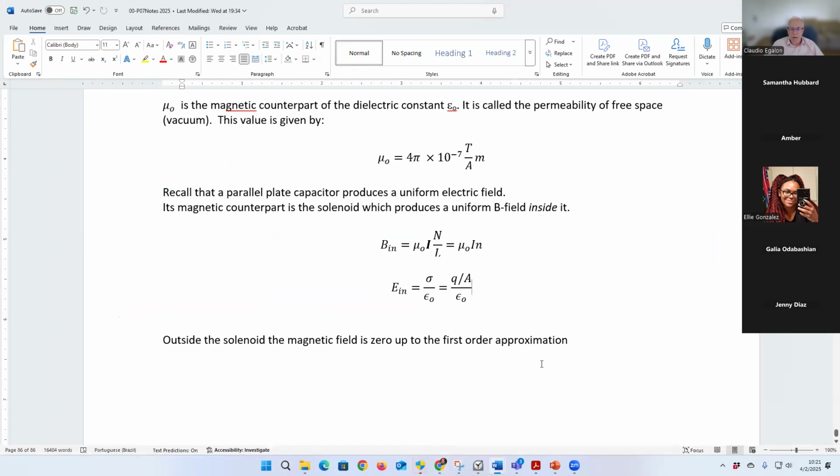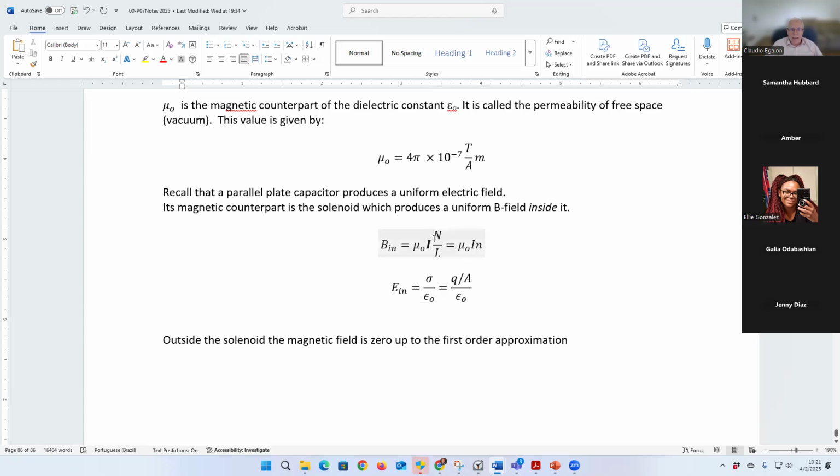So just like that, what do we have here? We have the Q, which is the electric counterpart of the current. And this A right here is a geometrical parameter that corresponds to the length of the solenoid. And this mu naught here is the magnetic counterpart of the epsilon naught, right?